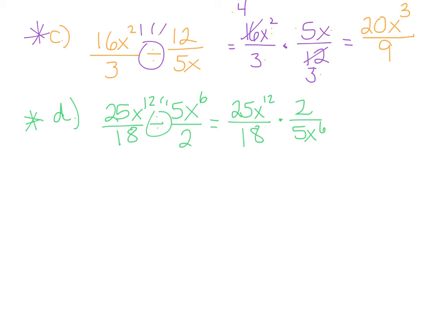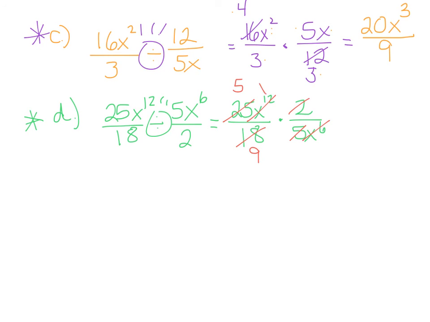All right. So let's simplify this the best we can. Okay, 5 divides into 25 5 times. 2 goes into 18 9 times. Okay, and then there's an x to the 6th and an x to the 12th.